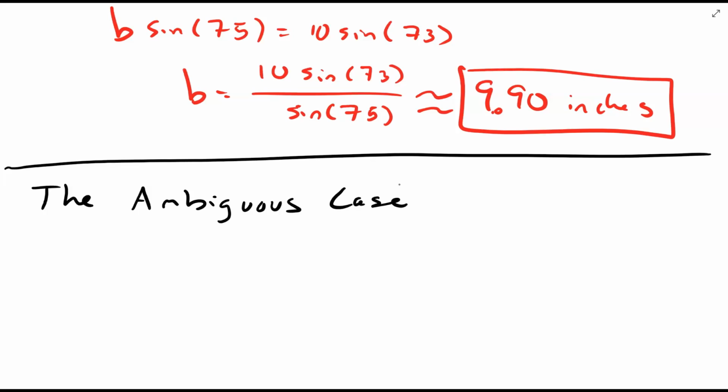So there is a situation when using the law of sines, when you're given one angle and two side lengths, where weird things can happen. What are those weird things that can happen? You can have no solution, one solution, or two solutions.